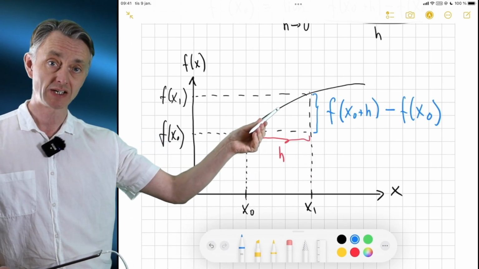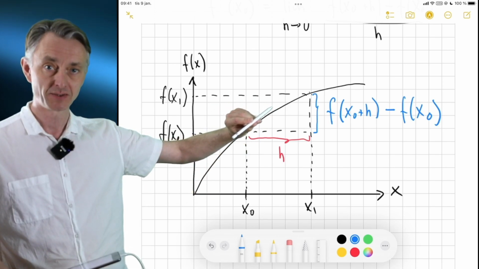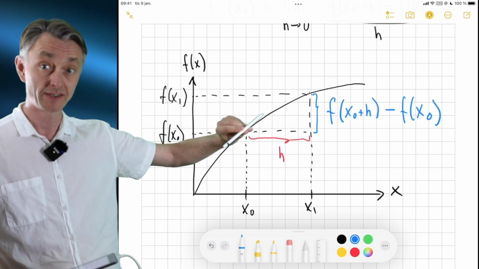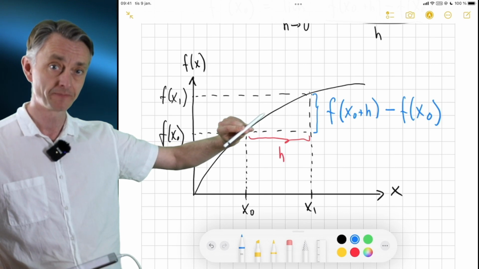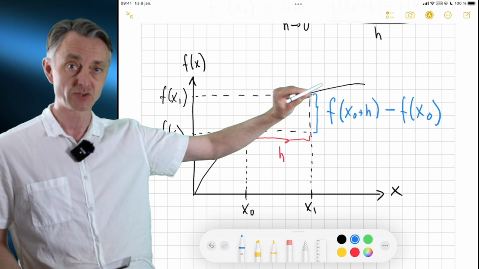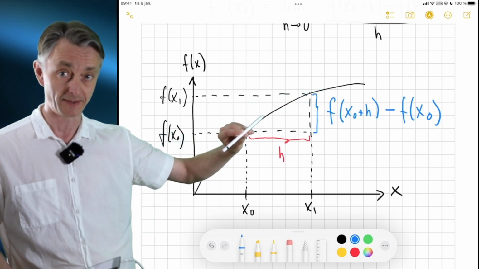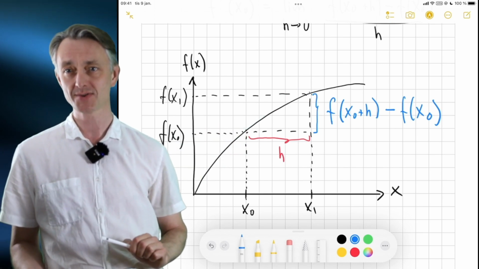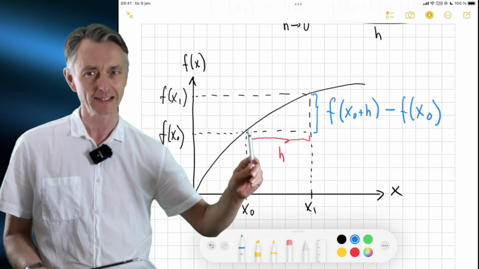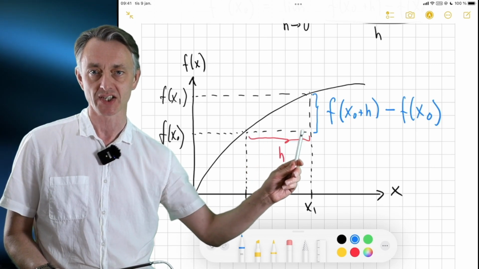And since we want to have the slope, that is, if my pen here is a tangent, you can see this is a tangent at x0. This is how much the function f of x slopes right here. And we can see that this slope is different from the slope at x1. It is not as steep here as it is here. In order to get as precise an estimate as possible of the slope exactly here, we must have a very small change in h.